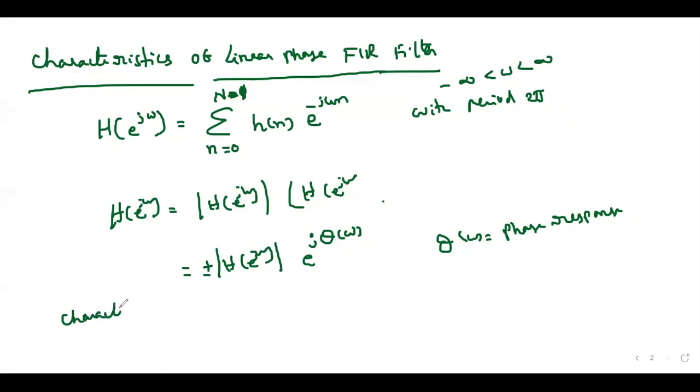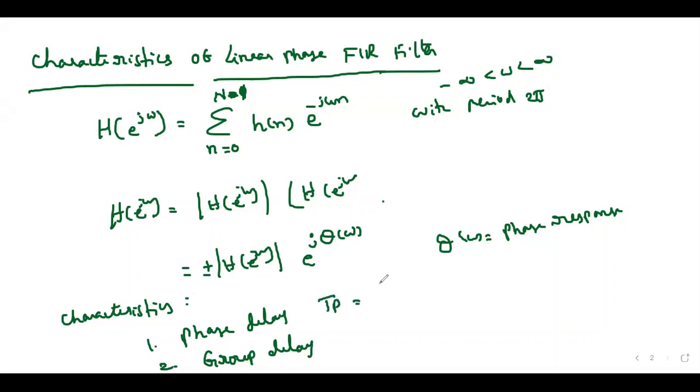The characteristics of linear phase filter are, one is phase delay and the second one is the group delay. The phase delay is denoted by TP. It is given by minus theta of omega by omega.